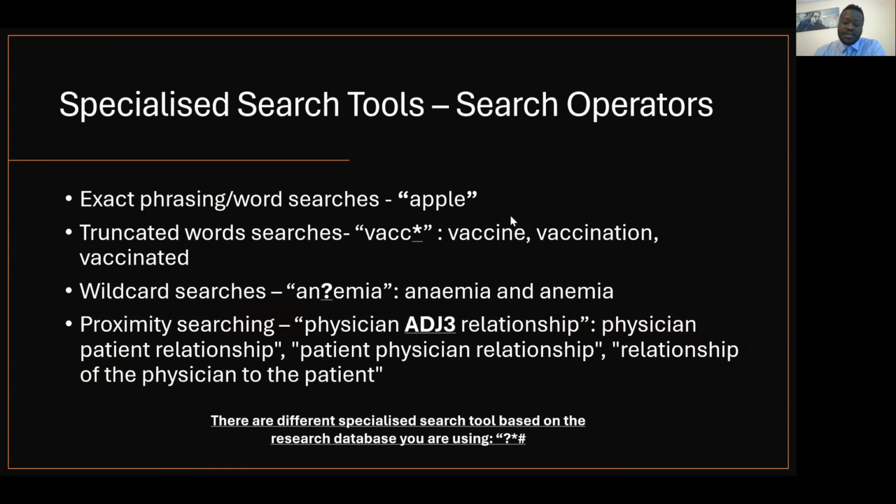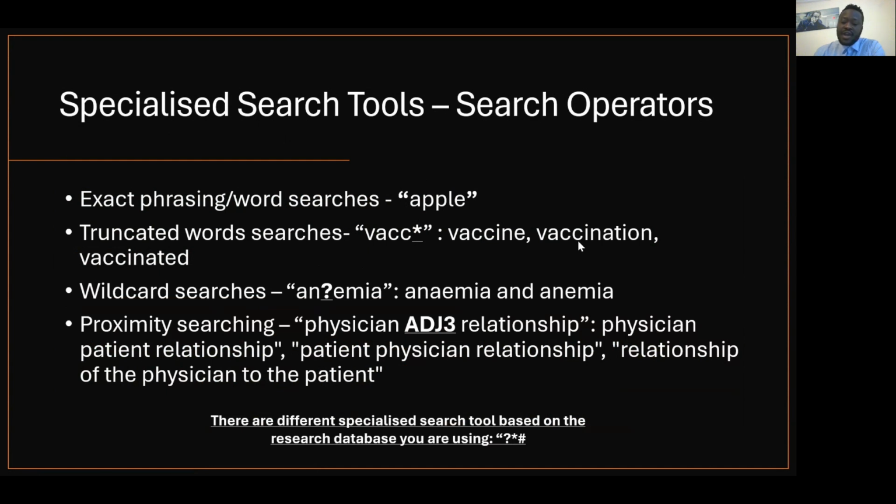Another search operator you can use is for proximity searching. Let's say you're looking for papers that have the words physicians and relationship, but you're happy to have them in any combination, but you essentially want them a certain number of words together. You want them to have a certain proximity. The operator you can use in this case is ADJ3, adjacent 3, which means there need to be 3 words adjacent to each other.